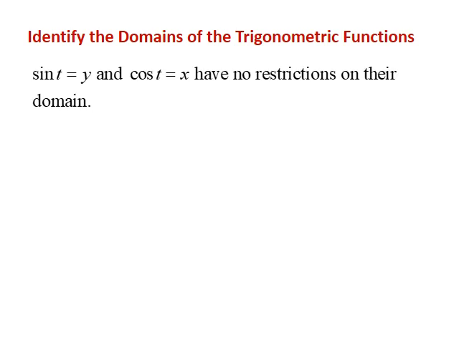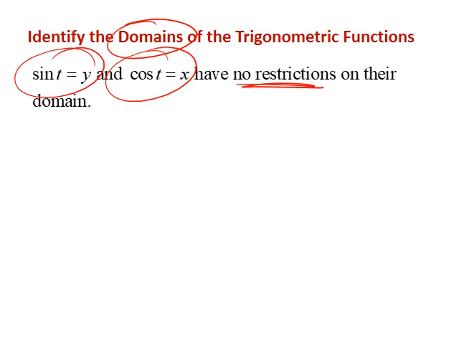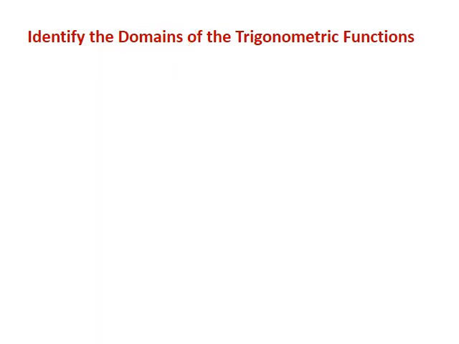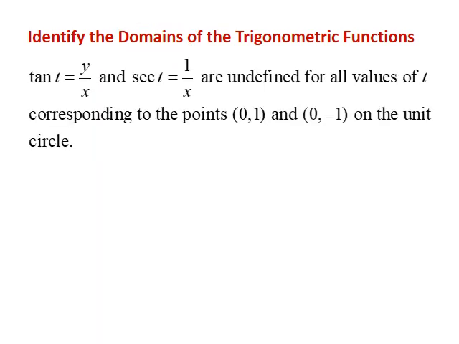We are interested in the domains of the trig functions, and I want to remind you that the domain, those are the x values. There are no restrictions to the domain for sine and cosine. Now, the other trig functions have some restrictions.